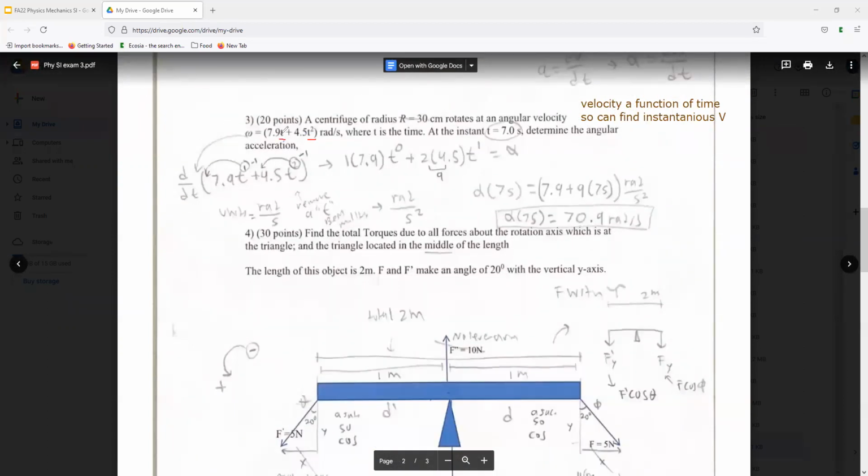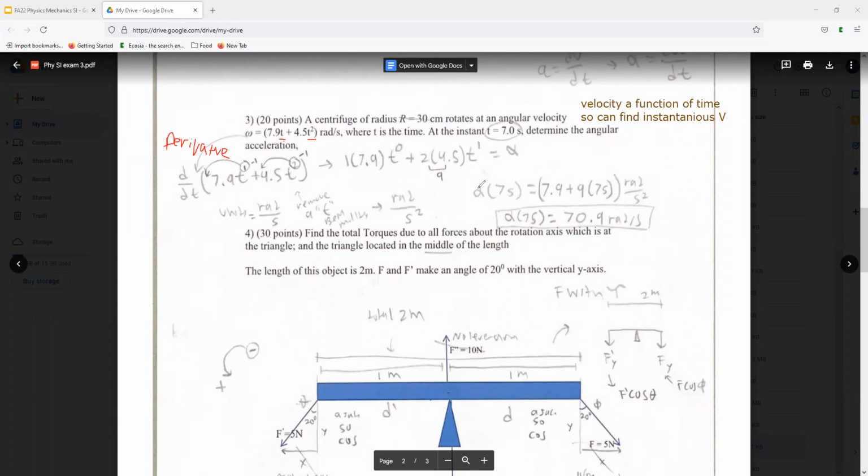So then from here, you have the derivative, right? And then we do the normal thing where we bring the exponent down, minus 1, bring it down, minus 1. This t to the 0 becomes a 1.